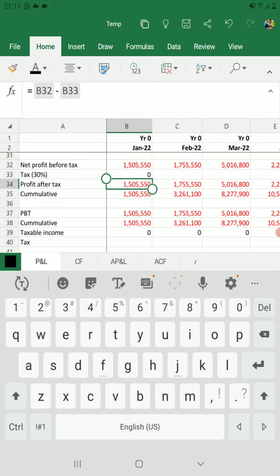Oh, what is this? I want to tap to fill this. Why does it not work? Oh, that's the problem of dealing with the Android tablet. I just want to copy this formula throughout. When I tap so that I open the local menu, it does not agree.